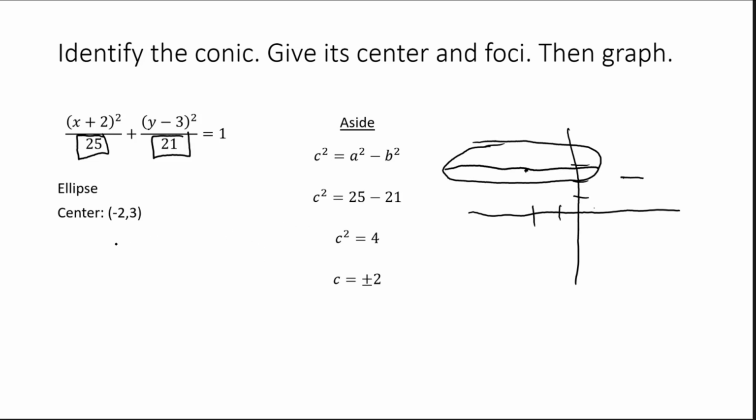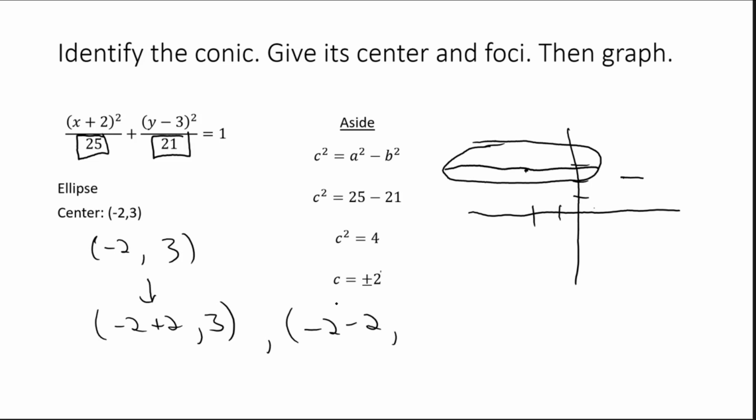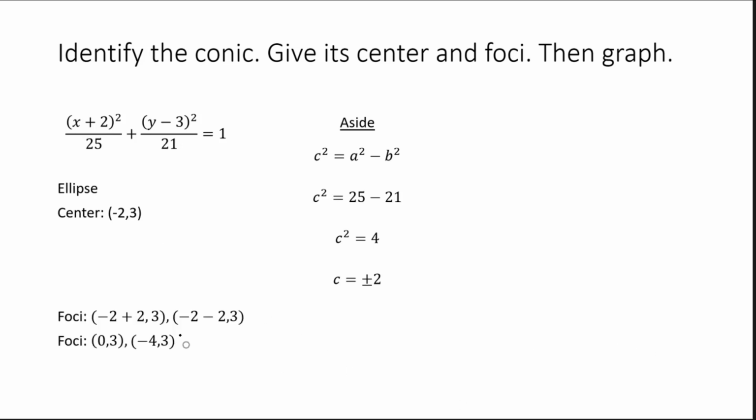So we take that center of negative 2, 3, and we add the c value of 2 to the x component, and we subtract the 2 from the x component to get our foci, which gives you 0, comma 3, and negative 4, comma 3. So we see that typed up right down here.